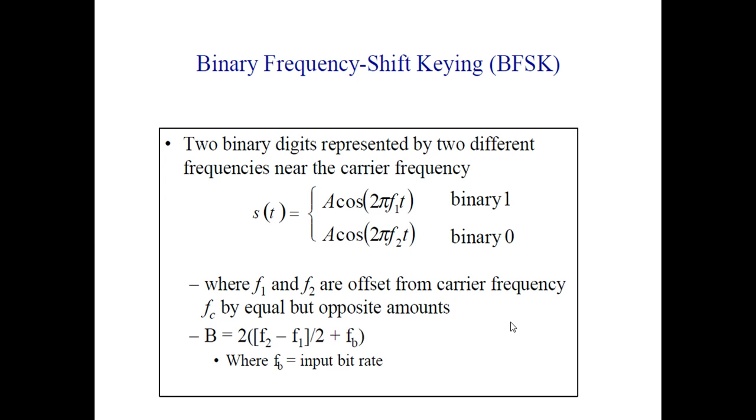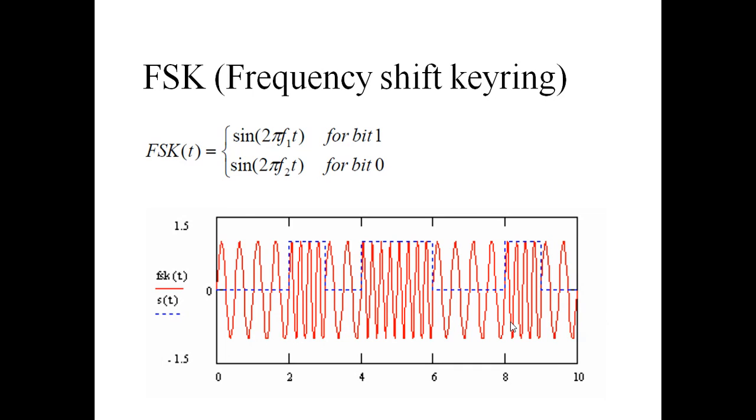The bandwidth we calculated is 2 times (F2 minus F1) divided by 2 plus Fb, where Fb is the input bit rate. In this diagram, binary 0 has a lower frequency, binary 1 a higher frequency, then 0 again lower, and so on.